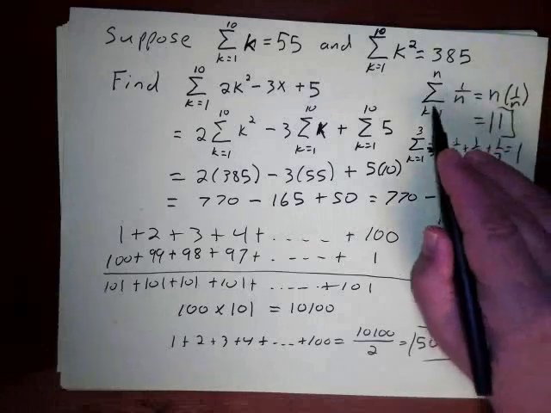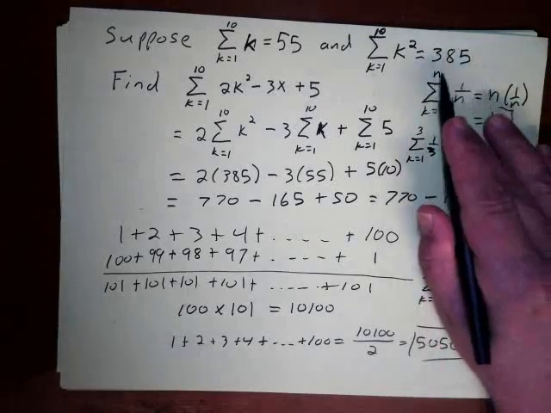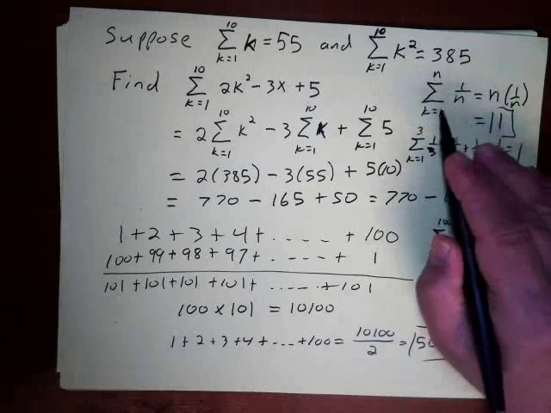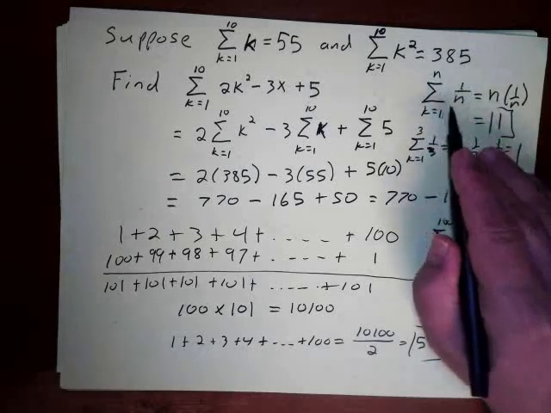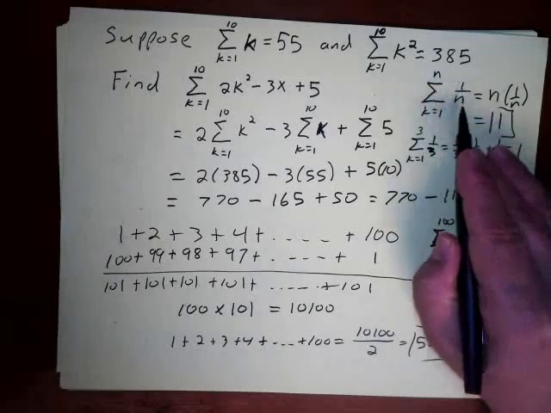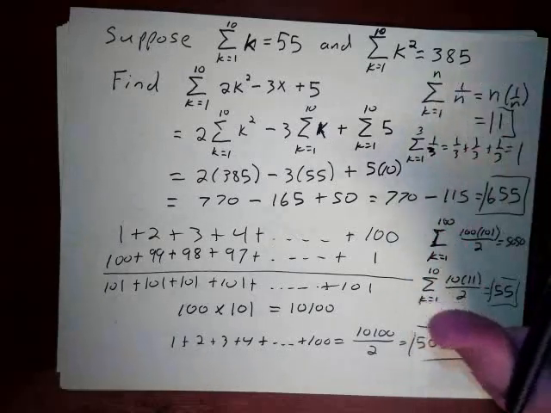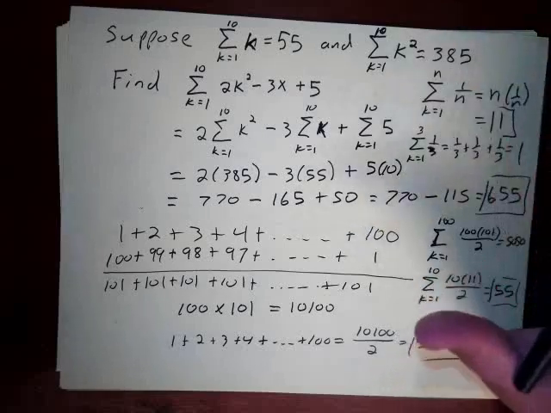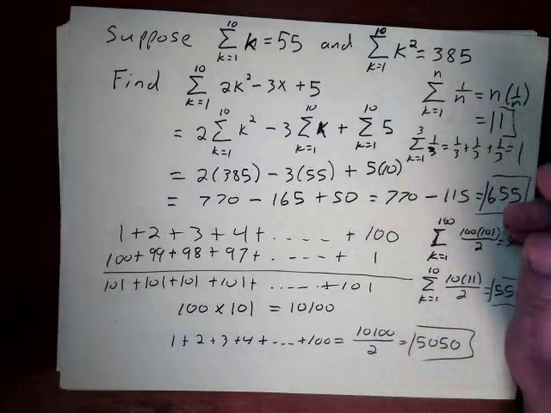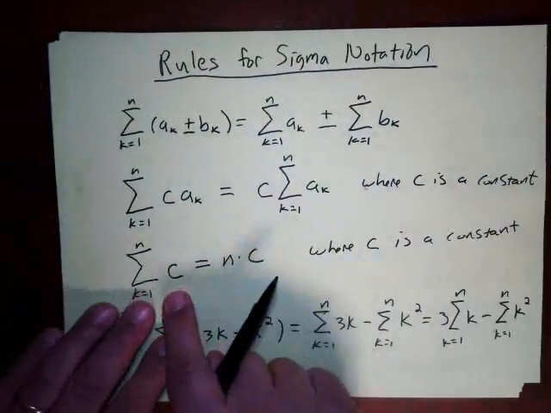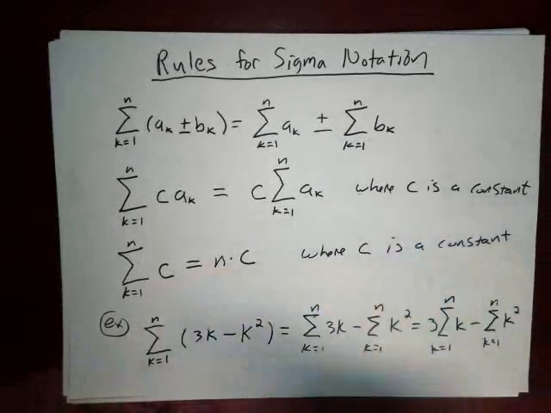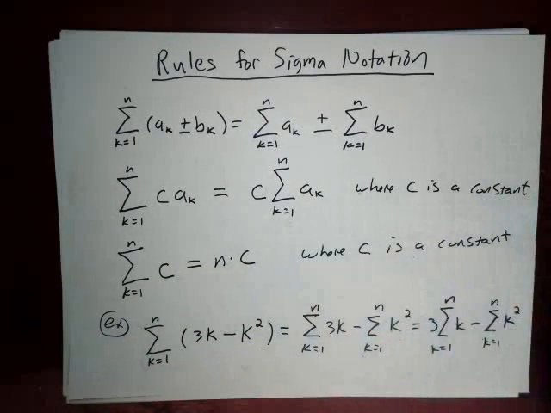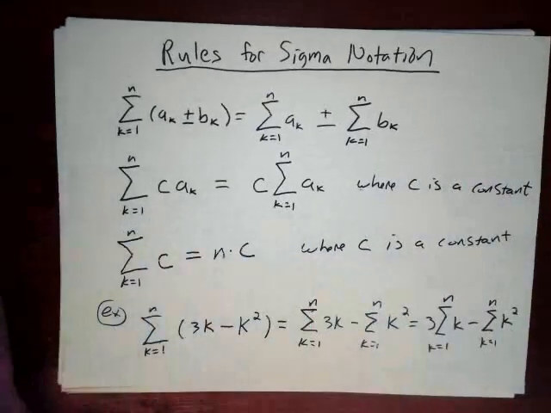So, in other words, when you actually have a sum, k is the variable that's changing. And so, with respect to k, and with respect to this sum, 1 over n is a constant. Anything involving just an n is a constant. And so, for those, you can use this constant rule. Okay? And that's an important thing to keep in mind. So in the next video then, we're going to learn these formulas we've been talking about.